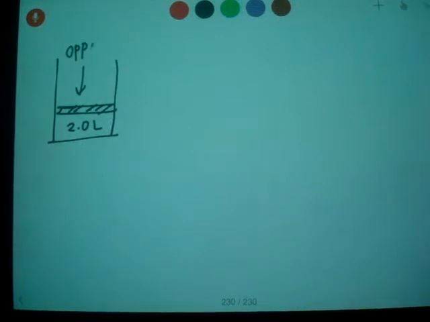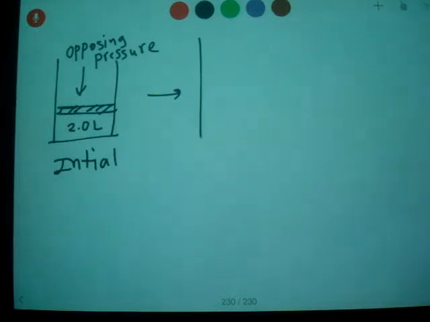We have, let's say, this initial volume is 2 liter, and this is the opposing pressure, and this is the initial condition. Now what's going to happen next?